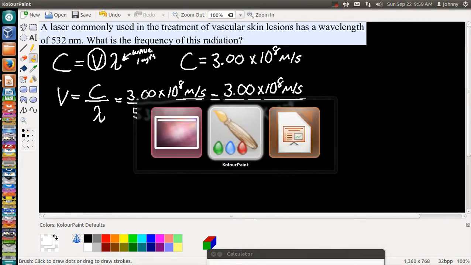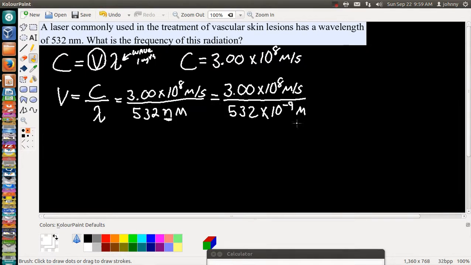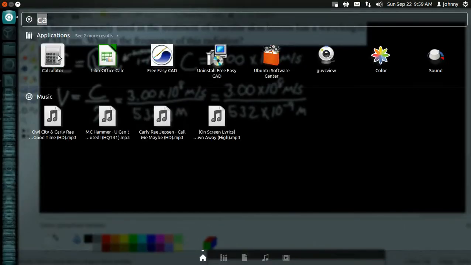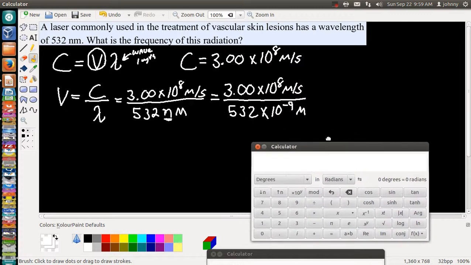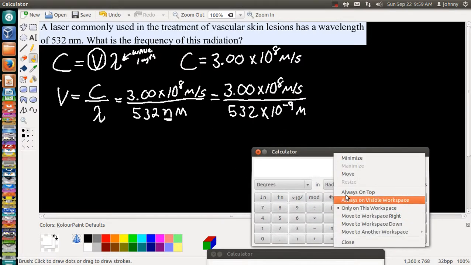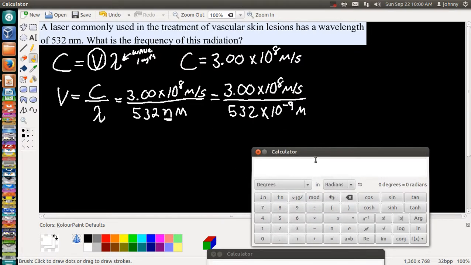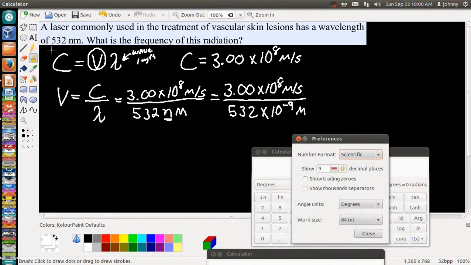Let's pull up a calculator that I seem to not have pulled up anymore. Okay. Calculator. There we go. Alright. I need to make sure that this thing stays on top because I'm going to have to write on it. Let me make sure that it's in the right mode. Yes, scientific. Good. Alright.